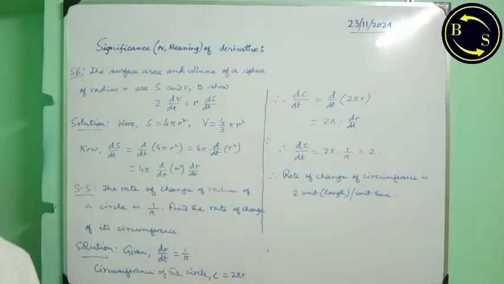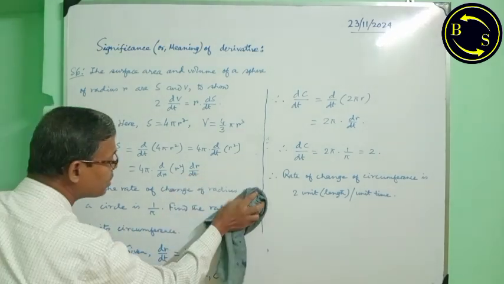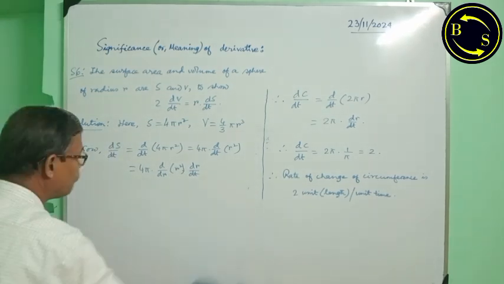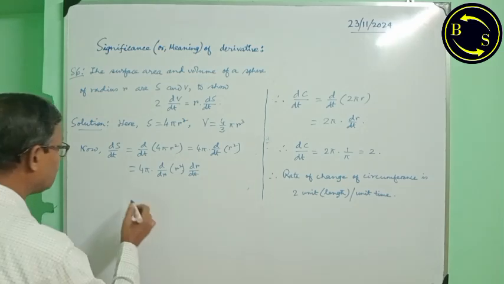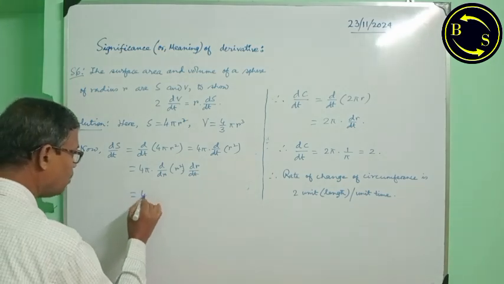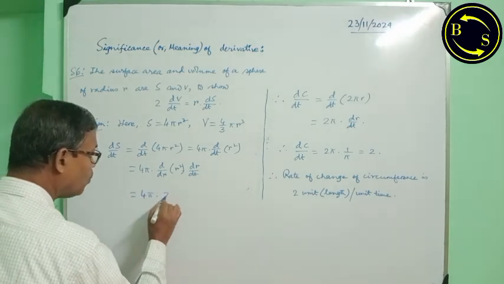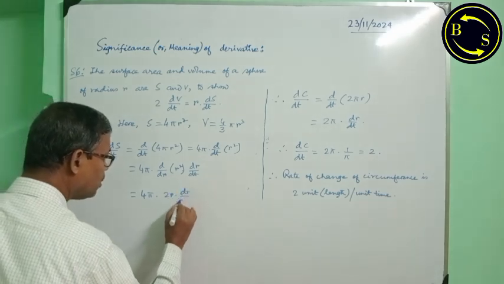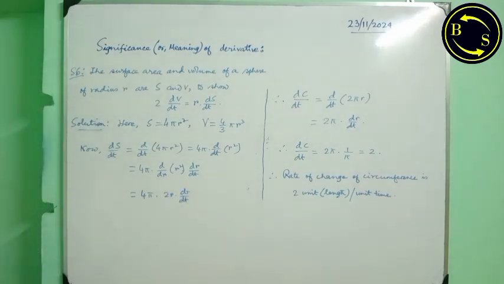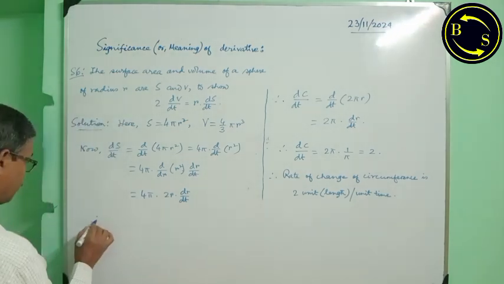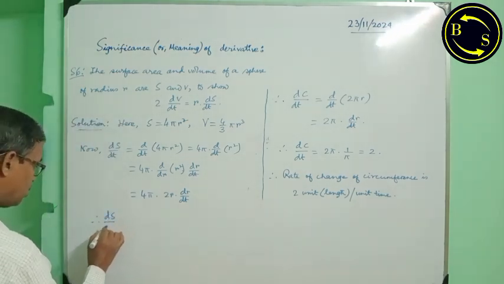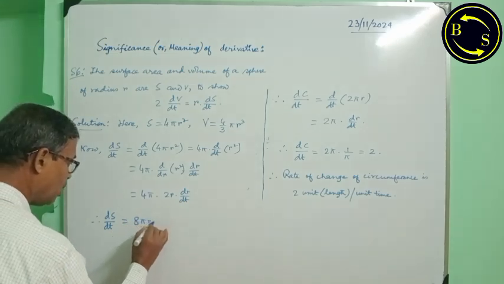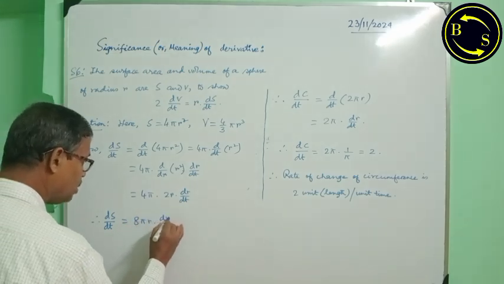Here I have applied chain rule. Already I have discussed the matter in the earlier classes. Finally, the result will be 4 pi into 2r into dr dt. Therefore, ds dt is equal to 8 pi r dr dt.